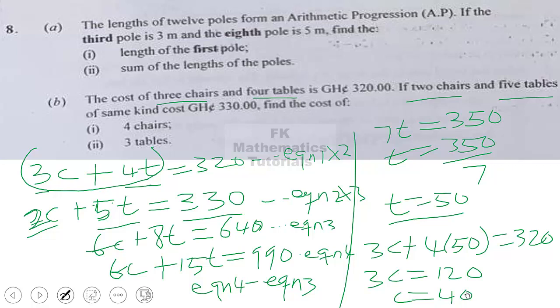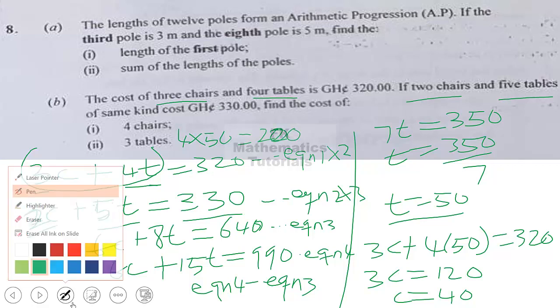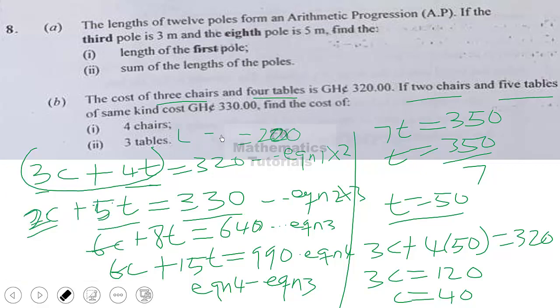So 4 tables will be 4 times 50 Ghana cedis, which is 200 Ghana cedis. Then 3 tables will be 3 times 50, which is 150 Ghana cedis.